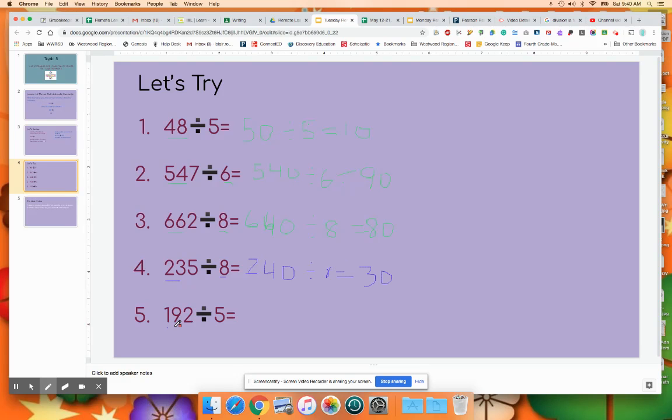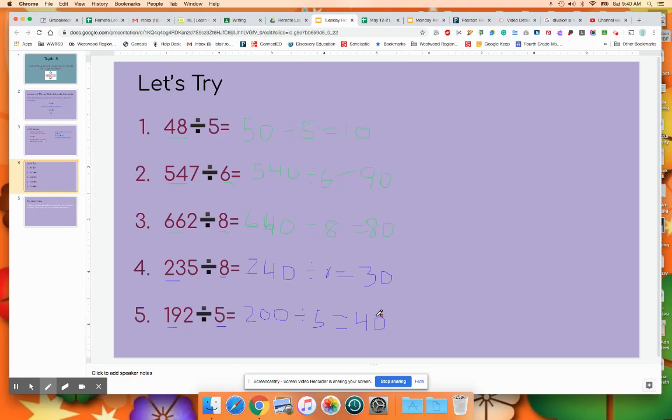Last one, 19 and 5, they are not in the same fact family, but 19 is really close to 20, which is in 5's fact family. So I'm going to rewrite this as 200 divided by 5. I know 20 divided by 5 gives me 4. And we're going to add a 0.